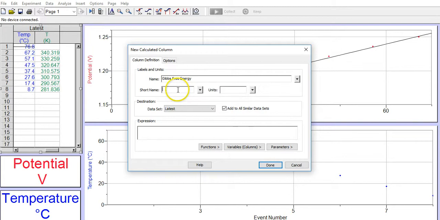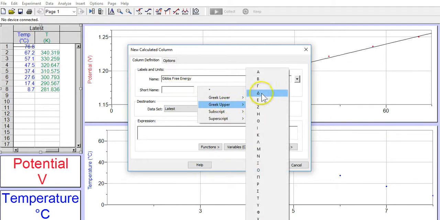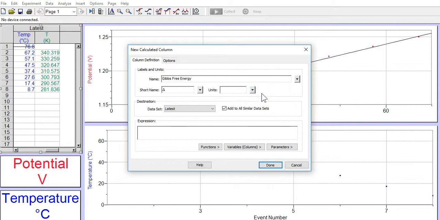If we go to our short name, there's a drop down here, and we can get a Greek capital letter delta to make a delta G. And in this case, it's going to be in units of joules per mole. So to get the expression, remember it's minus nFE.